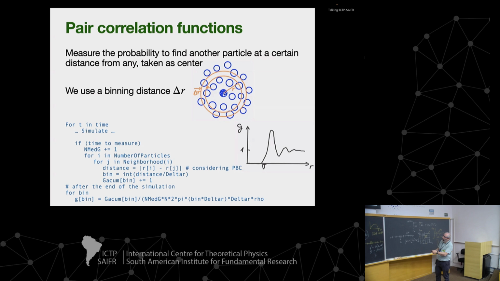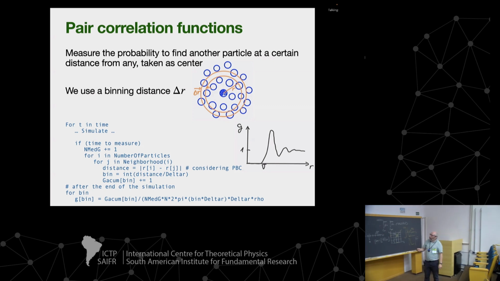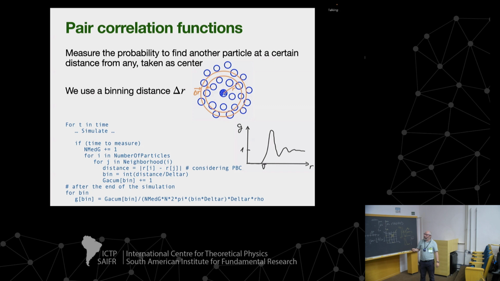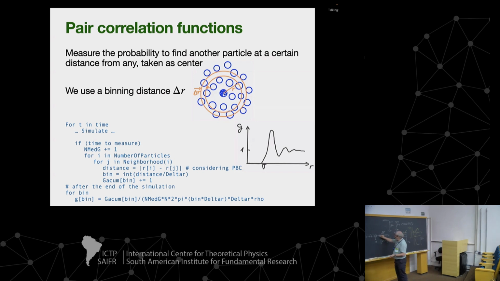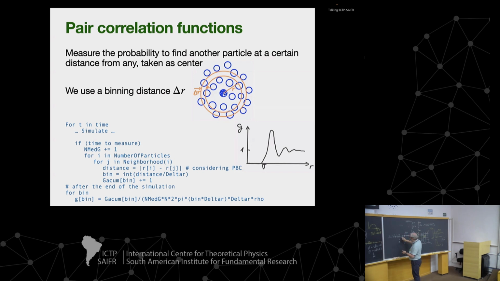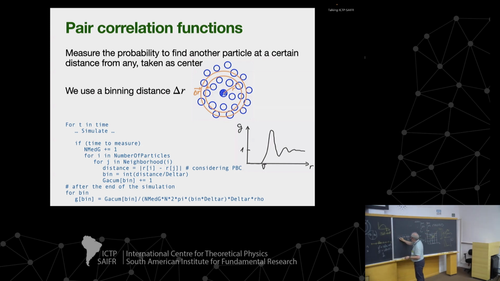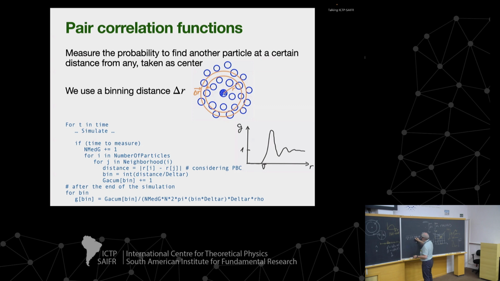So the bin is the int. This is going to be bin 0, 1, 2, 3, 4, etc. And you simply accumulate. You say, on this bin, I have one pair. You run over all pairs, you get another pair at that distance, another pair at that distance, and what you start building is a histogram.